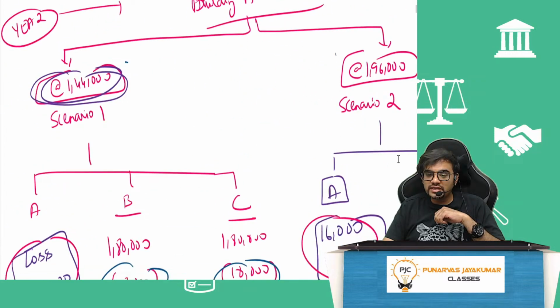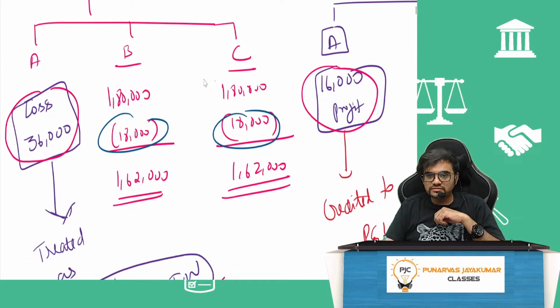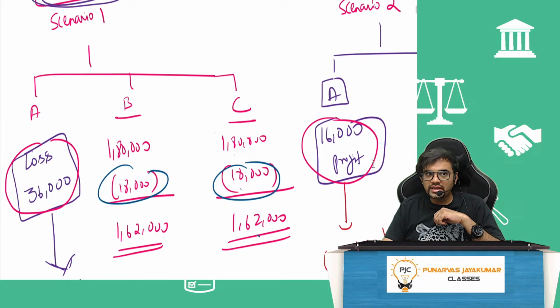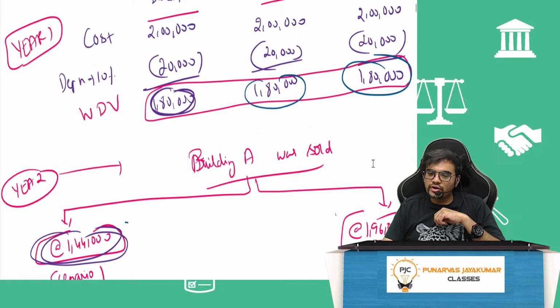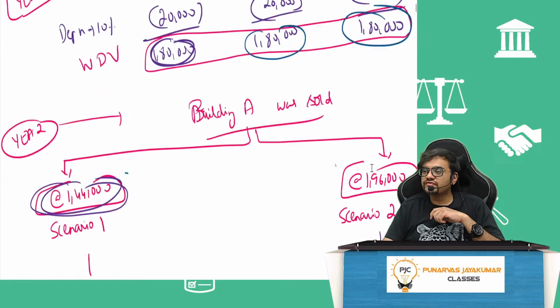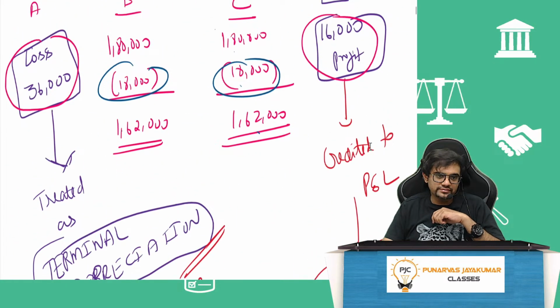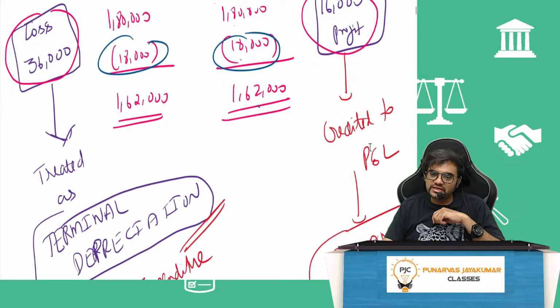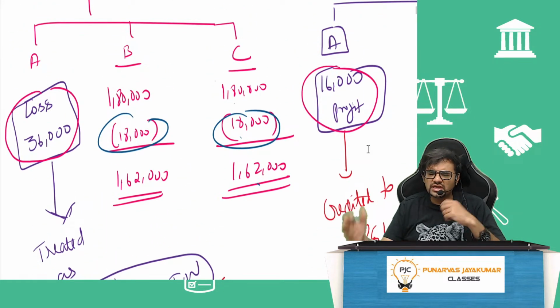Building B and building C will be the same: 1 lakh 80 minus 18, 1 lakh 62, 1 lakh 62. Only in A there is a problem. An asset worth 1 lakh 80 is sold for 1 lakh 44, which means there is a loss of 36,000. In a single asset method, this 36,000 loss I will never recover.